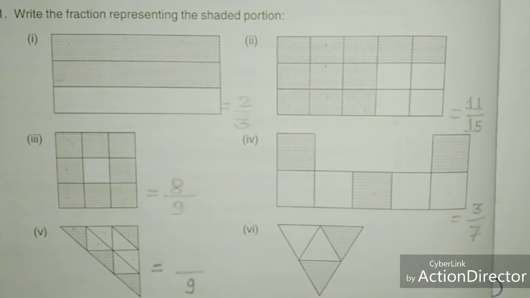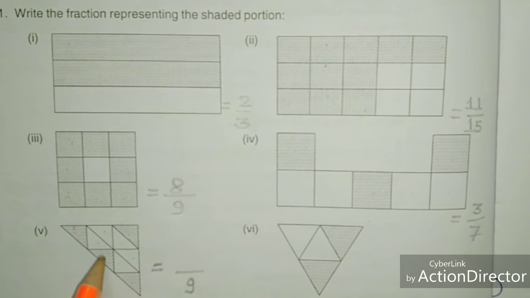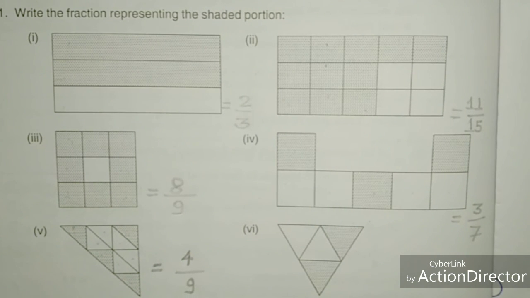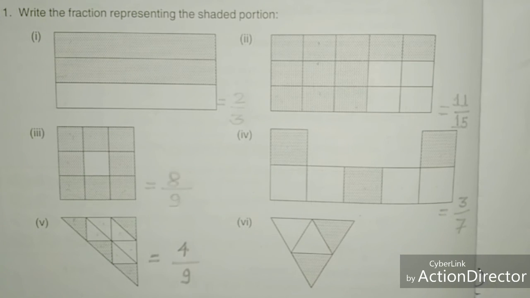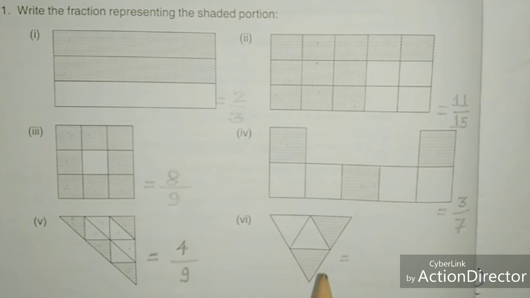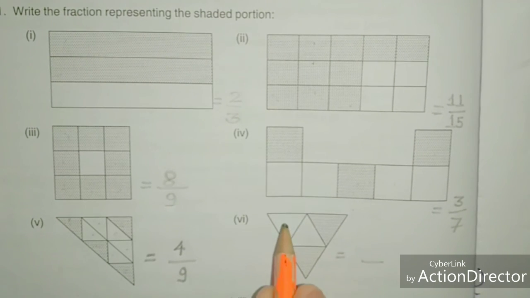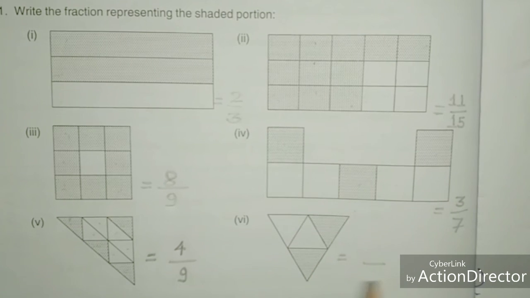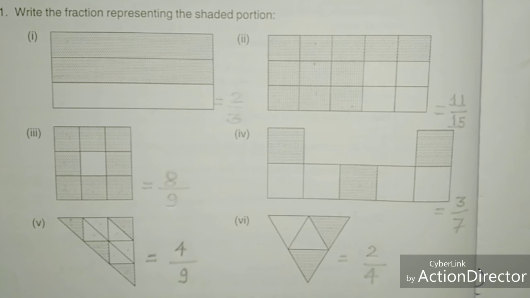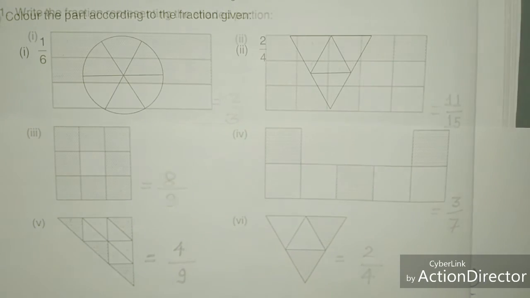Total equal parts 9, and shaded parts 1, 2, 3, 4. So the fraction form of this figure is 4 upon 9. Now in the sixth figure, total equal parts 1, 2, 3, 4, and total shaded parts 1, 2. So the fraction form of this figure is 2 upon 4.